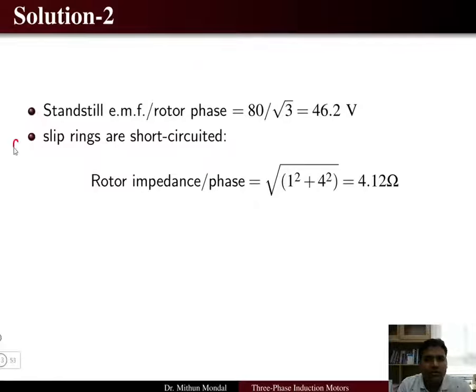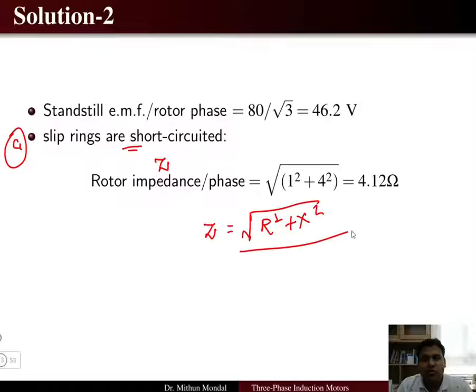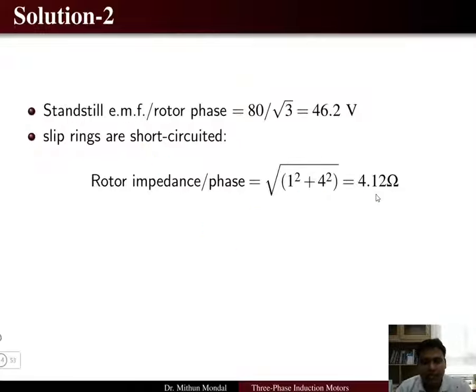Now the first condition is that the slip rings are short circuited. So what is the rotor impedance Z per phase? We know that the impedance is equal to under root R square plus X square. The resistance is given as 1 ohm and the reactance as 4 ohms. So we get 4.12 ohms as the rotor impedance.